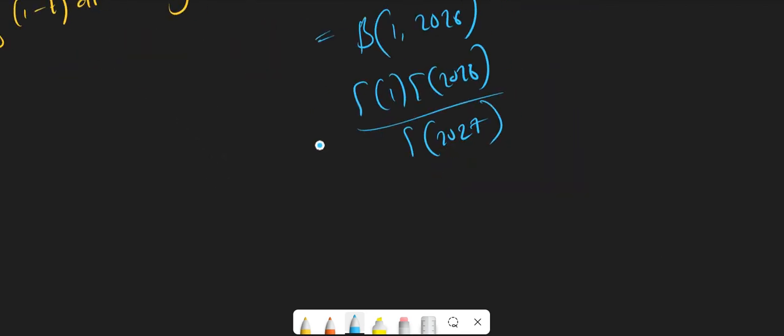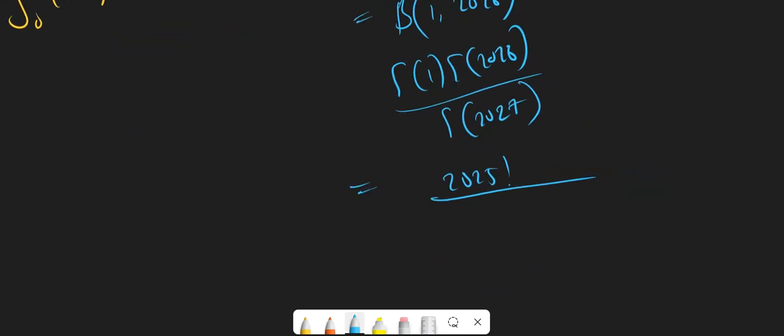So this can be equal to just 2025 factorial all divided by 2026 factorial. This will be just 1 over 2026.